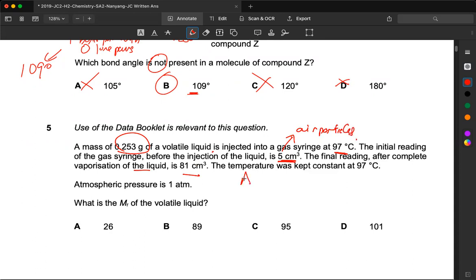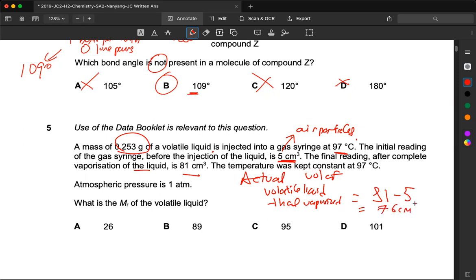So the actual volume of the volatile liquid that vaporized should be 81 minus 5, which is only 76 cm3.